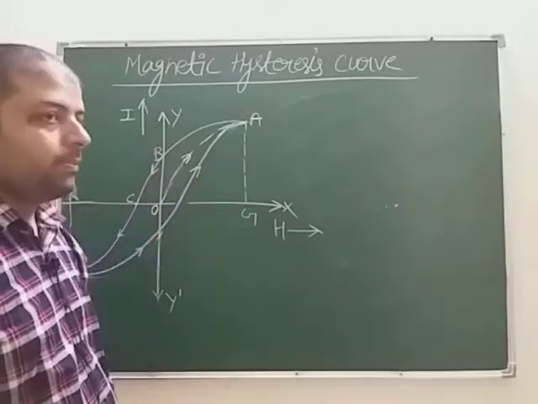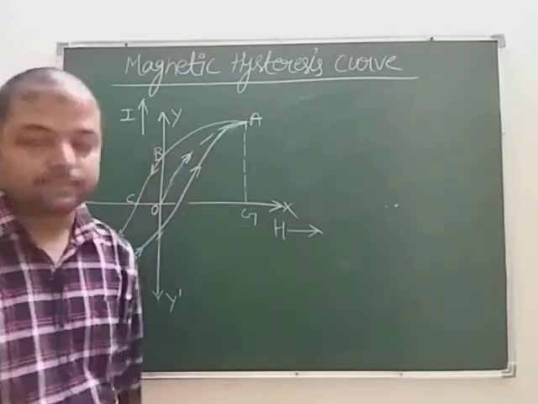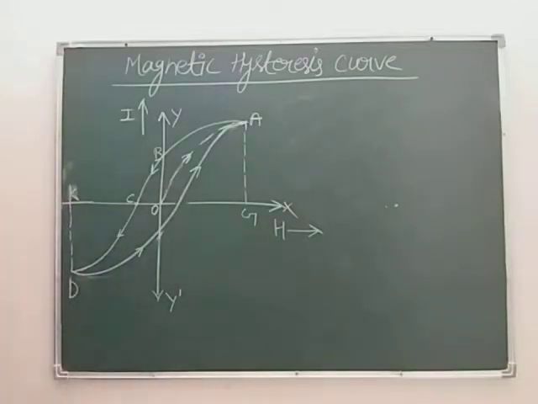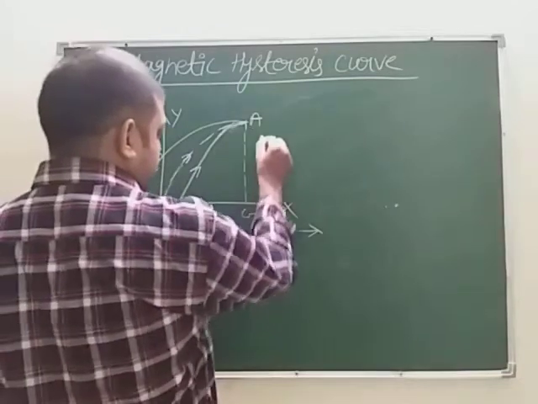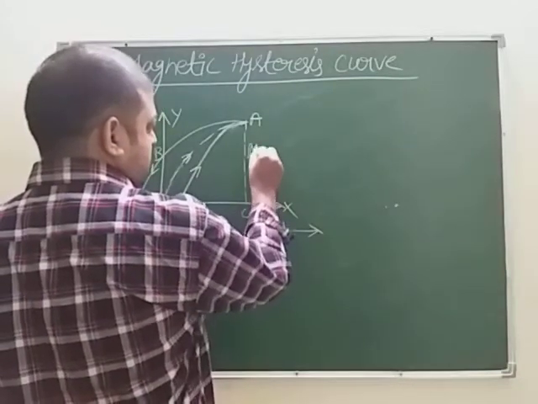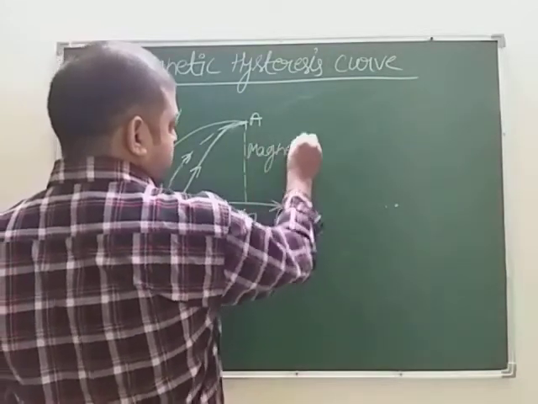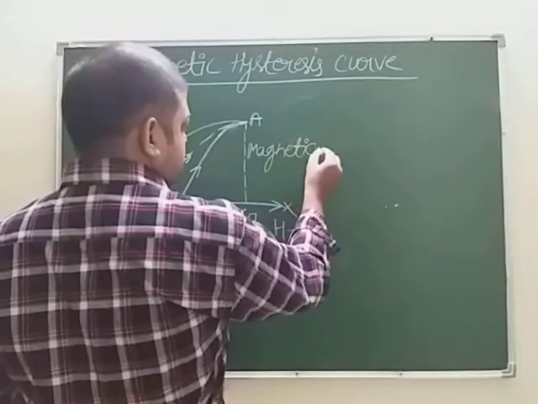This region is called magnetic saturation. So write down: this region AG is called magnetic saturation.